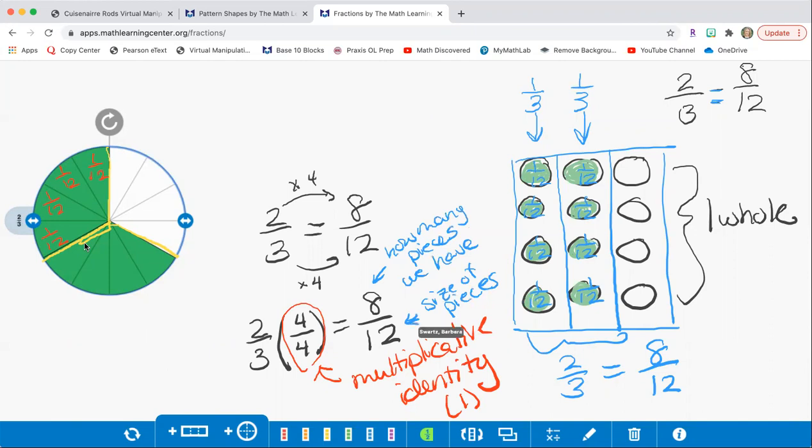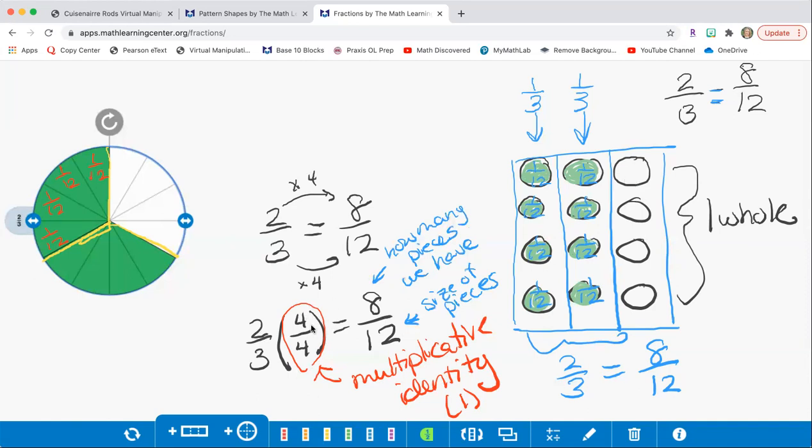So we're changing the size of the pieces and how many pieces we have, but we're keeping this relationship so that we still have that same amount of space, in this case with the area model, or same amount of relation. The scaling up, the same relationship where we're using 2 out of the 3 total columns here.